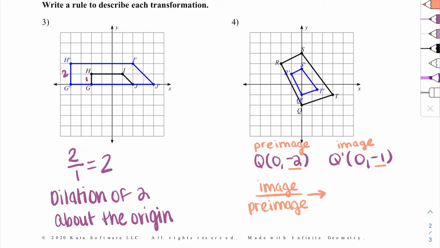So here, the point value from our image was negative 1, and the corresponding point value from our pre-image was negative 2. So now we have a fraction that we need to simplify. A negative divided by a negative cancels, and that leaves us with 1/2, or you could write it as 0.5. Regardless, this is a dilation of 1/2 about the origin.